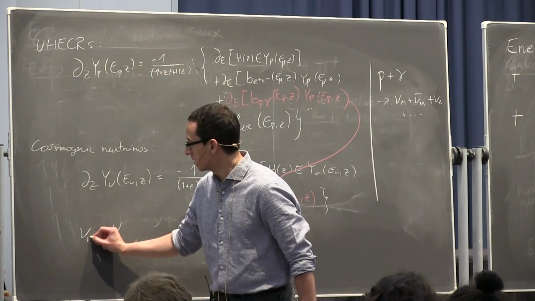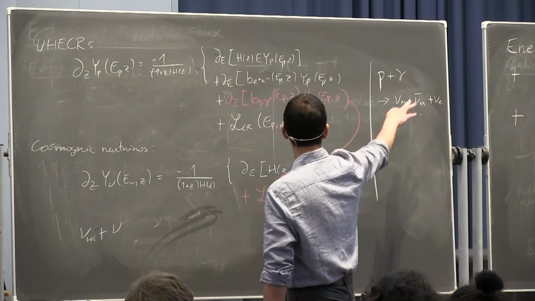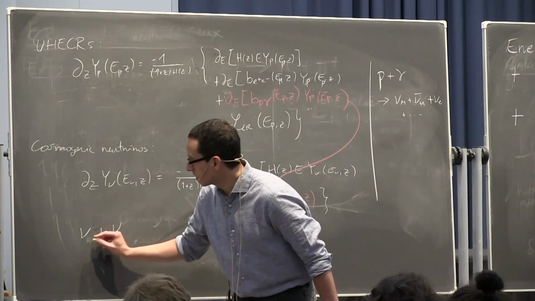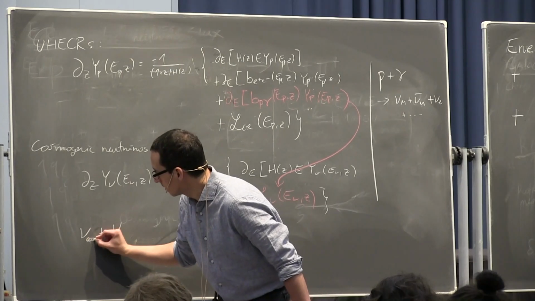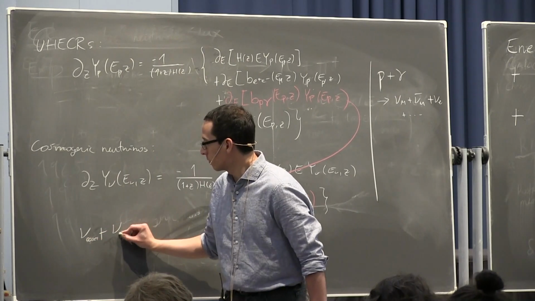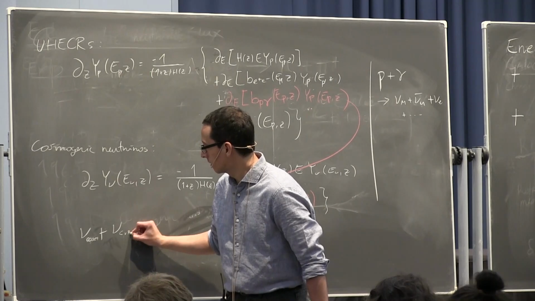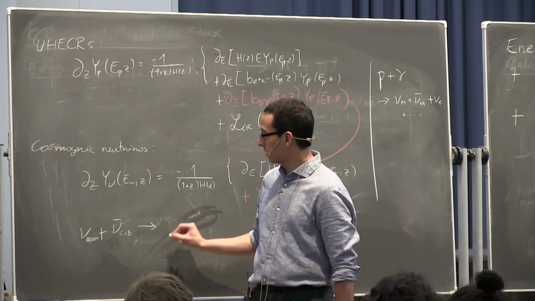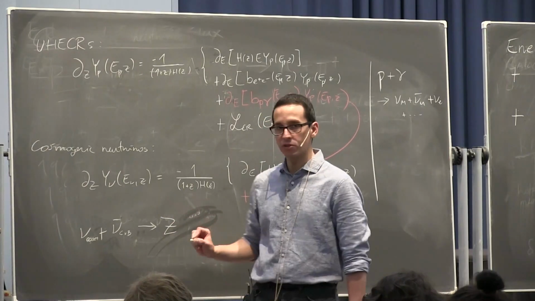One is high energy, the one that is coming from that process, so let me write it as cosmogenic. And the other one is the relic neutrino background neutrino. If you hit the right energy, you're going to get a Z on shell.